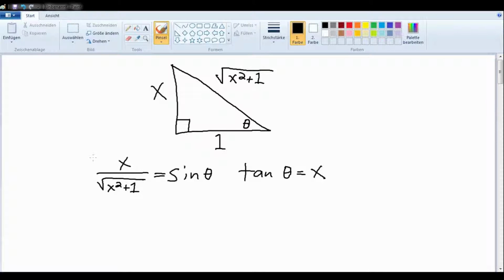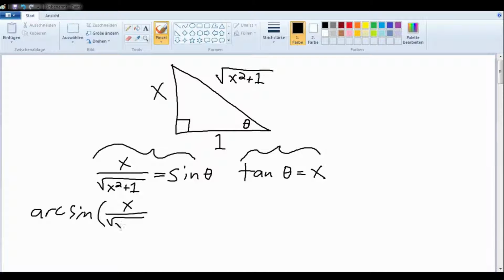And now if I just take the arcsine of this equation, and arctangent of both sides of this equation, we'll have our answer. So the arcsine of x over the square root of x squared plus 1 is equal to, now if I take the arcsine of sine of theta, since those are inverse functions and our angle here is between 0 and 90 degrees, I just get theta.